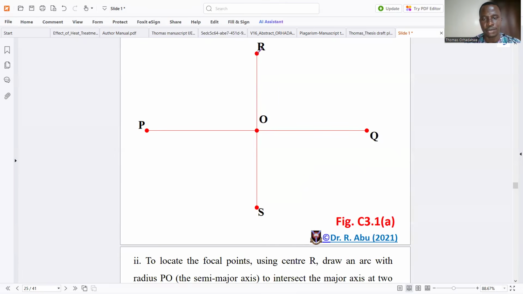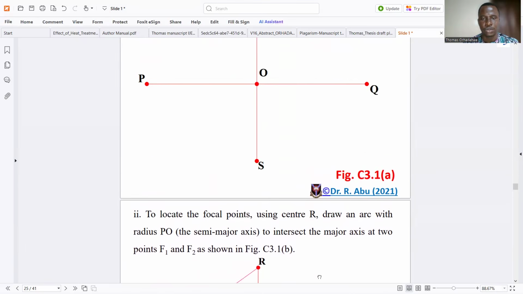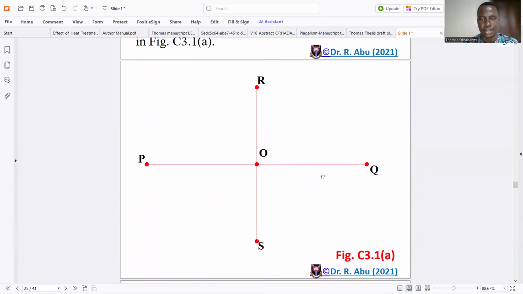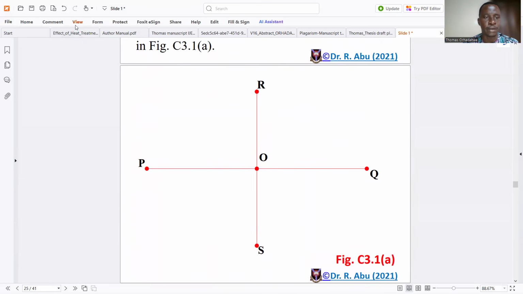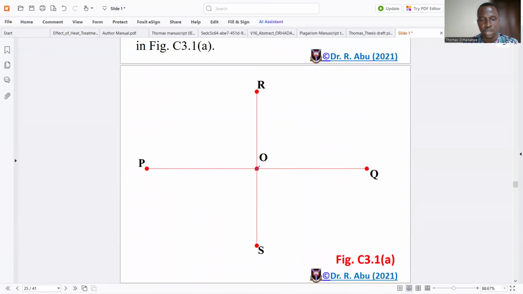So using center R and with radius PO, draw an arc. That arc will become the focal point. So with radius PO and center R, draw an arc. So that arc comes like this. So this is your F.